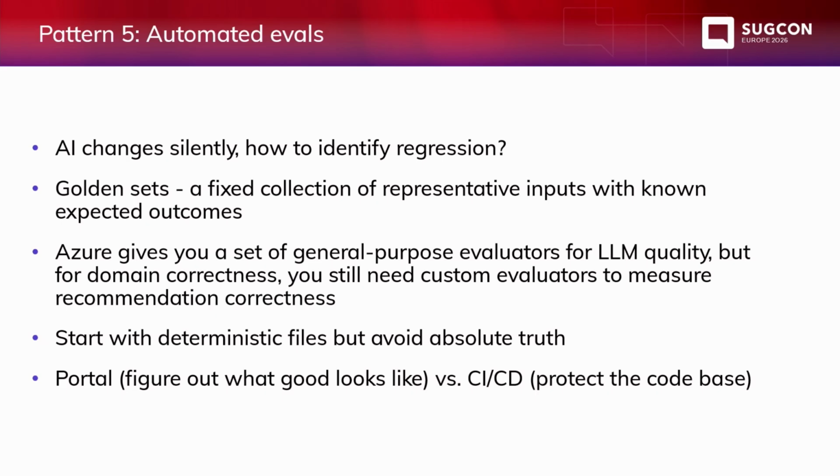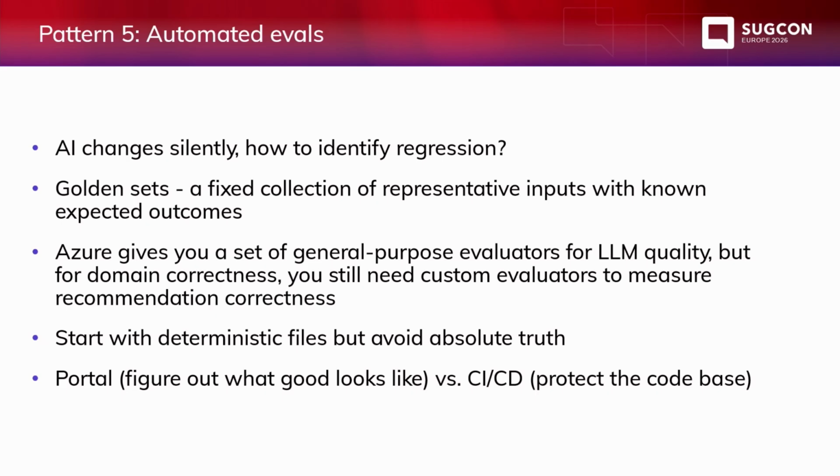They gravitate around golden sets. A golden set is a fixed collection of representative inputs with known expected outcomes. This is quite a manual task. Depending on what you're doing, I think these can be very worth it to protect your system, but do expect human input into this.